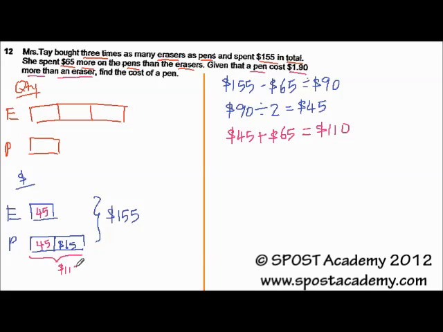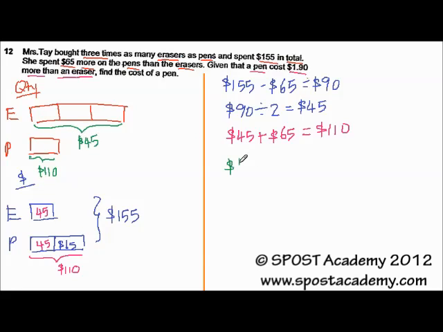So this is $110. If we transfer the amount of money back to terms of quantity, it means that for the pens that are bought, $110 is being spent, whereas for the erasers that are being bought, $45 is being spent.